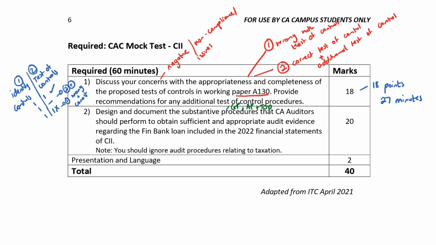A loan is an account balance, and so the assertions that I need to consider: existence, completeness, valuation, obligation, presentation, and disclosure.